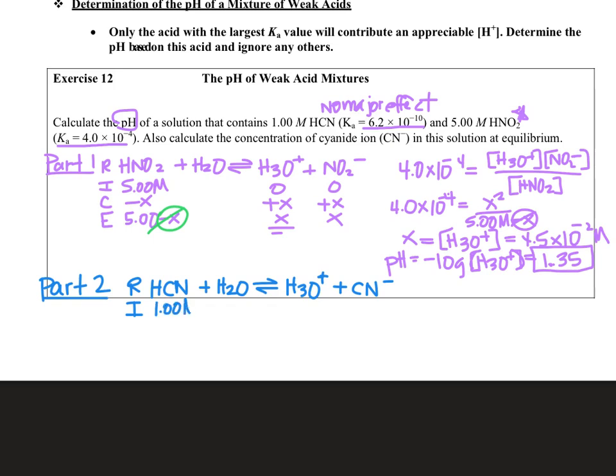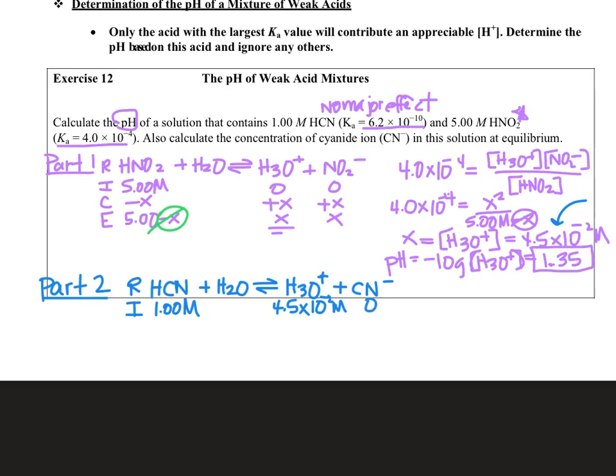All right, so from here, our initial for our HCN is the 1 molar. But this is a common ion problem because our HNO2 dissociated first. That means that we have up here some hydrogen ions already floating around. So this initial is 4.5 times 10 to the negative 2 molar, but we don't have any CN. So this is a common ion type problem when we have a mixture.